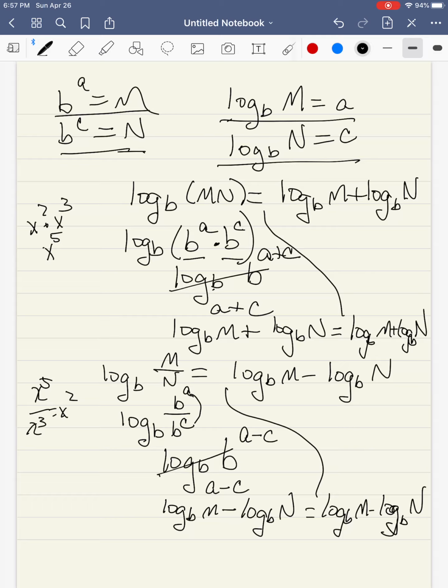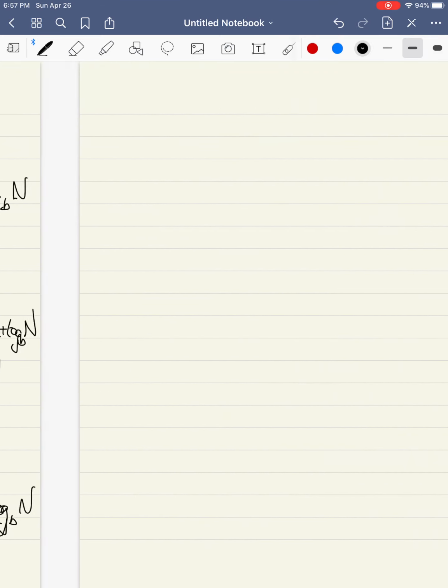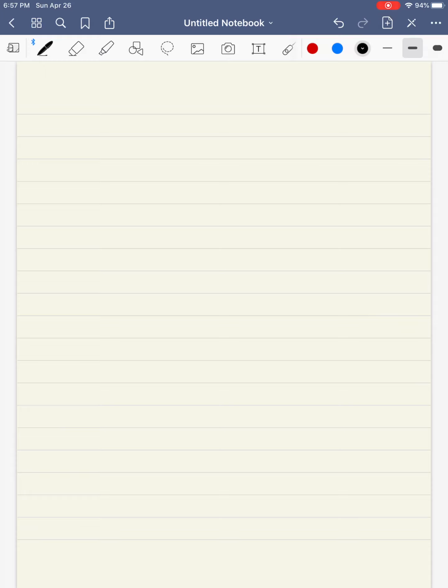All right, one more rule is the power rule. What I mean by that is, for example, if we have x squared raised to the third power, what do we do with the exponents? We multiply, all right? So that's where we're going with this one.